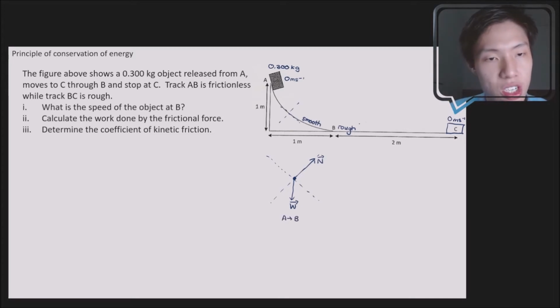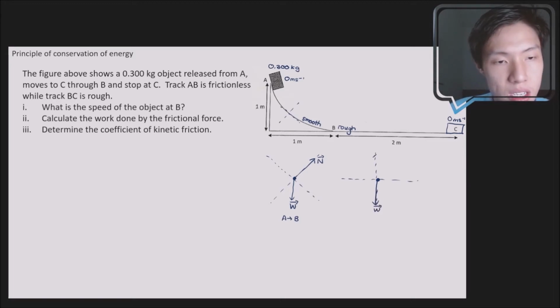Next, we look at the journey from B to C. Again you use a dot to represent the object of interest, which is your block. Then you have your axis. Again this object has weight because it has mass.